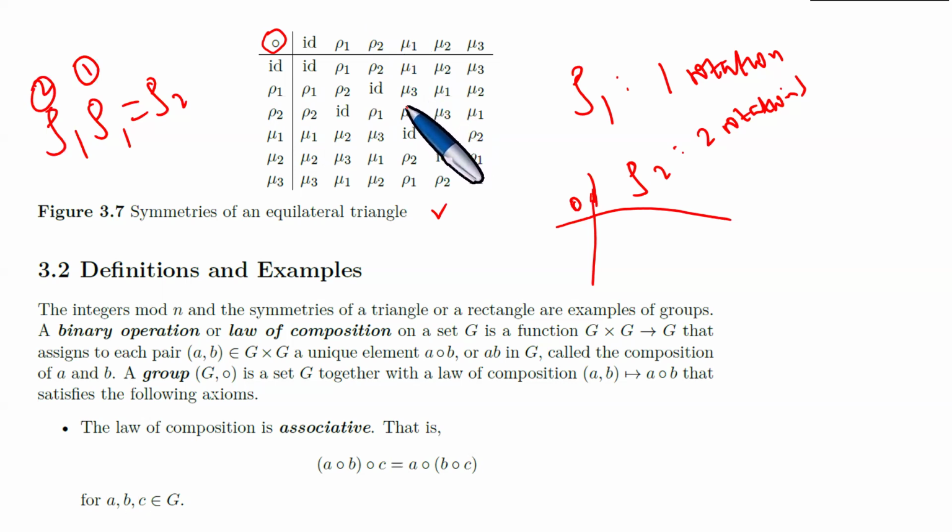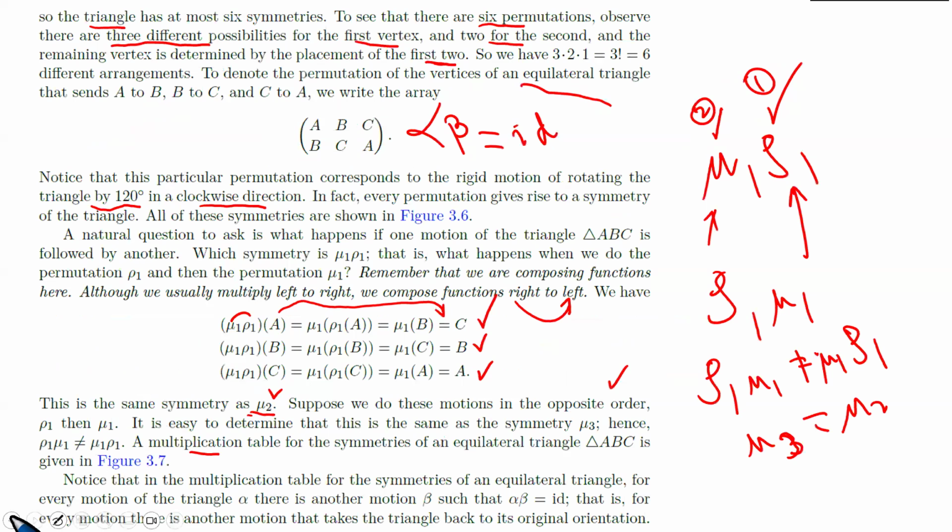Some of these I've already seen, like this one. We discussed rho 1, mu 1, right? We discussed it here.